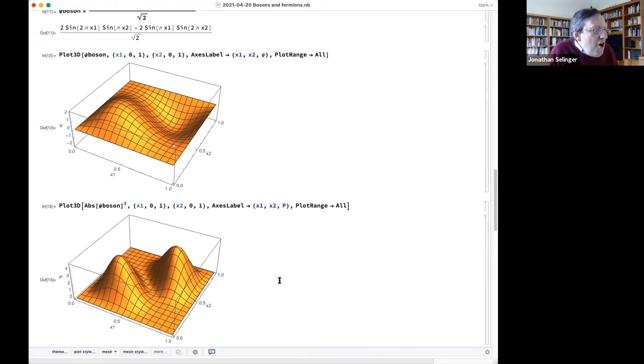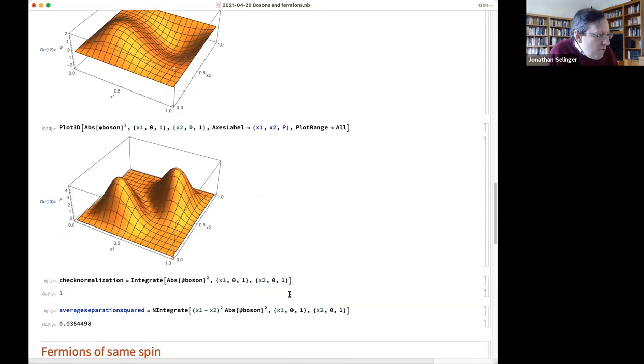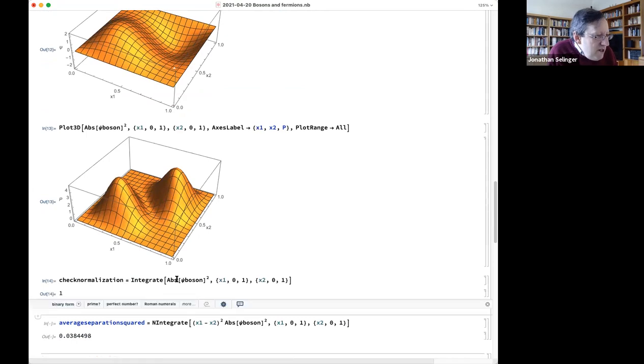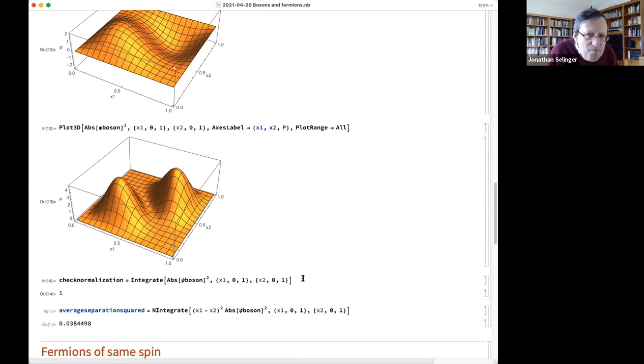So we can check the normalization of this state by integrating the wave function squared over all x1 and x2, and it comes out to be 1. And then we can find the average separation squared. That is, we can take x1 minus x2 squared times the probability integrated over x1 and x2.